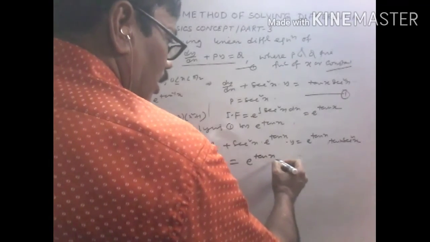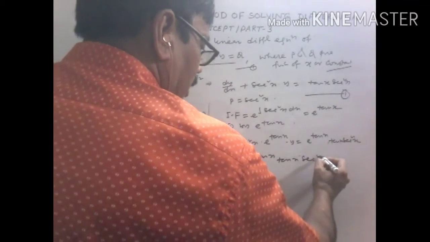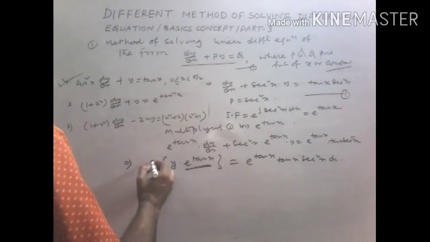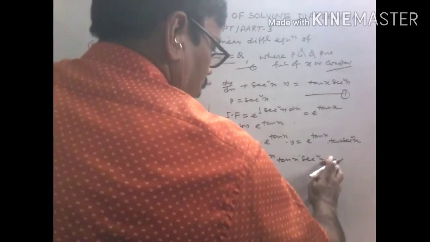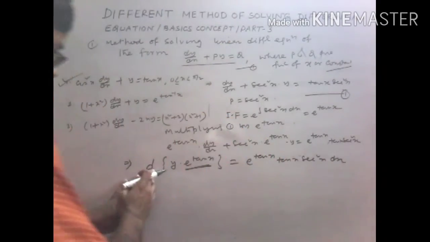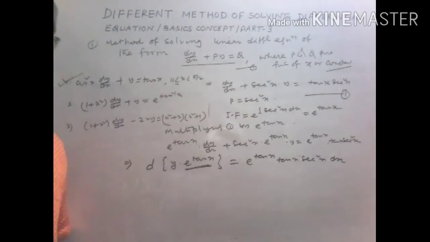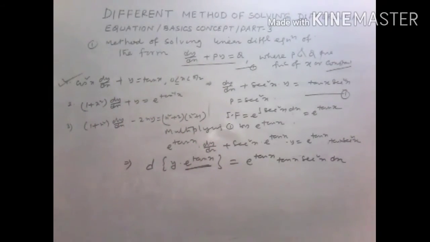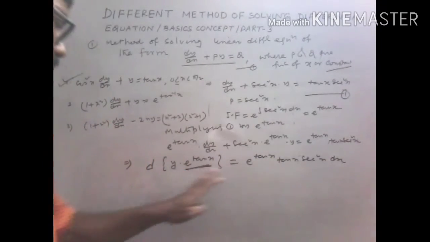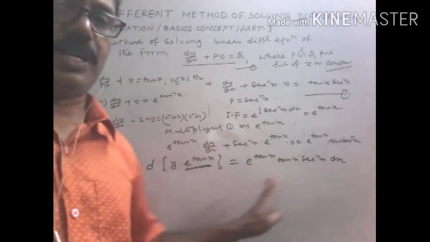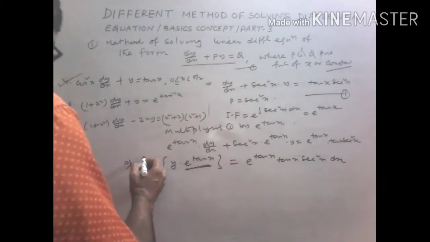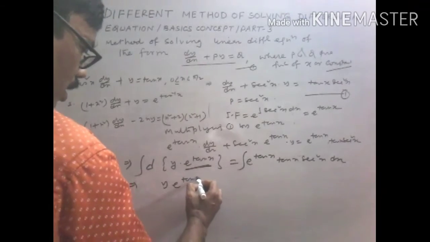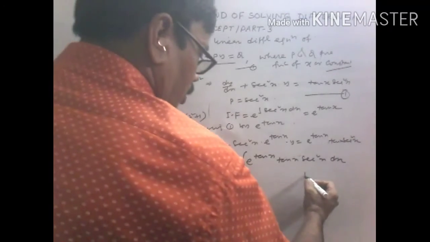Now what advantage are we getting? Look, tan x sec square x dx. So d of this equals this into dx. We can transfer dx to the right hand side. Now the variables are separated. So we can write the left hand side directly as d of y into the integrating factor. Integrating, d is eliminated: y into e to the power tan x.